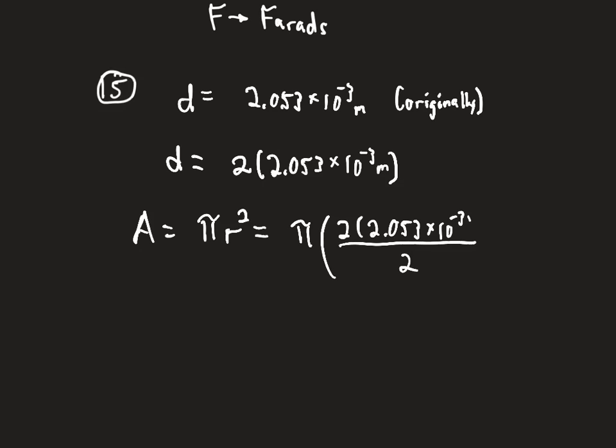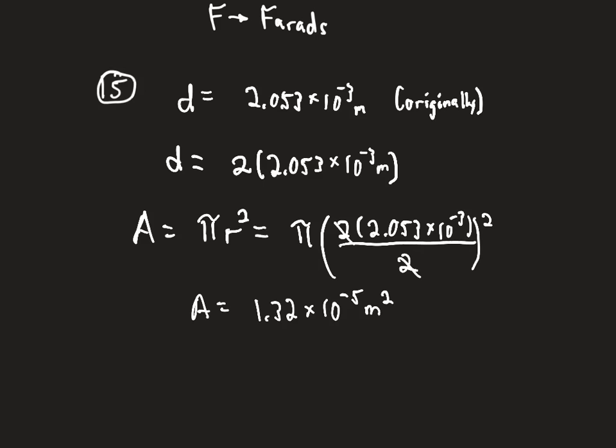Divide that by 2. Diameter over 2 gets you the radius, right? So the 2's go away. Square that, and you get your new area: 1.32 times 10 to the negative 5 meters squared.